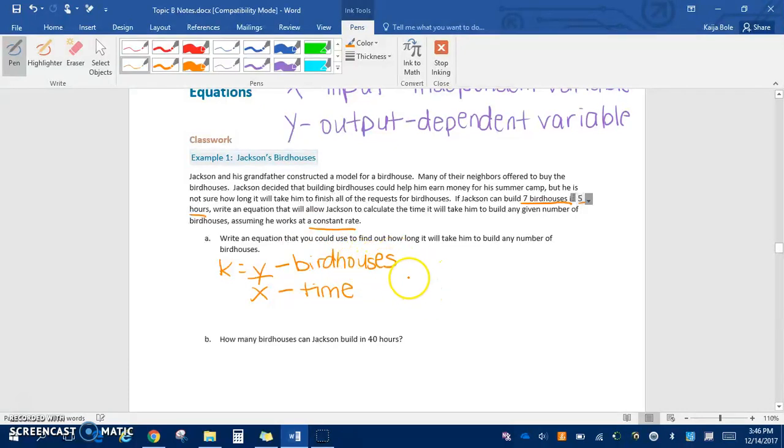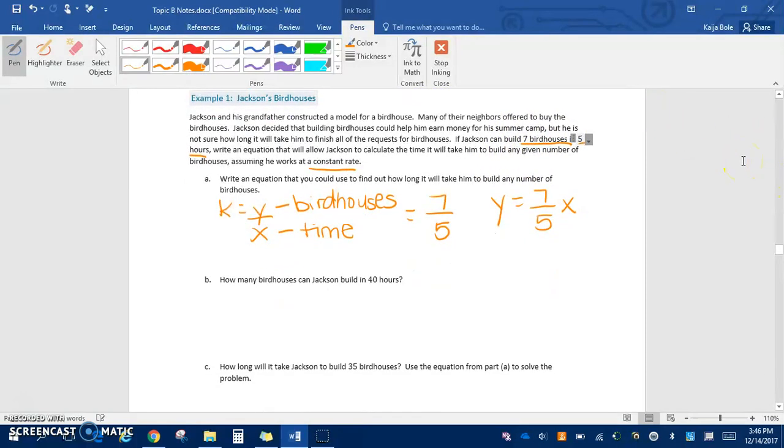So if we're finding our k, our y would be 7 and our x would be 5. So our k is 7 over 5. So our equation would be y equals 7 over 5x. Alright, and now that we have that part done, that's the hardest part. Now we're going to use our equation to answer these questions.